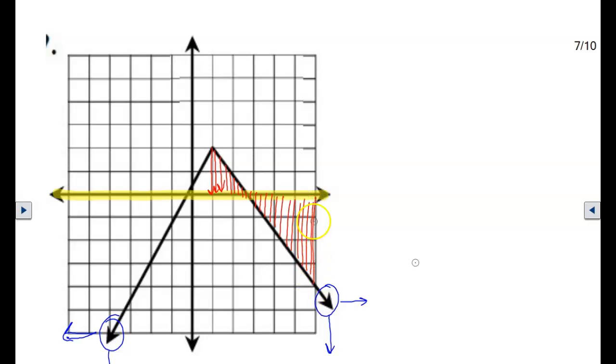Now, I'm at the edge of my grid, but notice this arrow would keep going. So I would extend the x-axis and I would be able to continue tracing points on the V back to the x-axis. For how long? Well, forever. Okay. Then I could go this way.